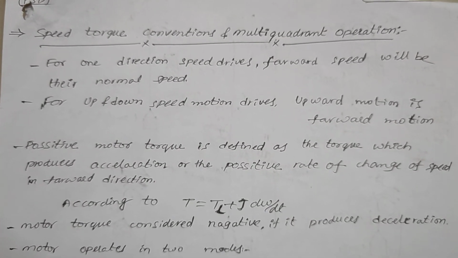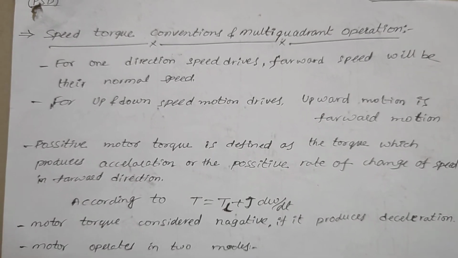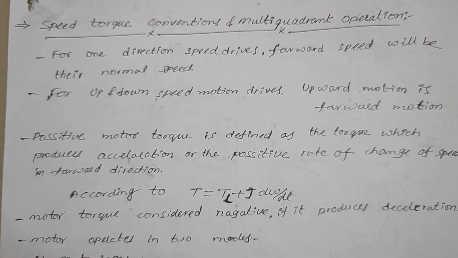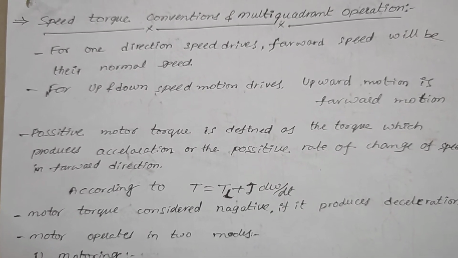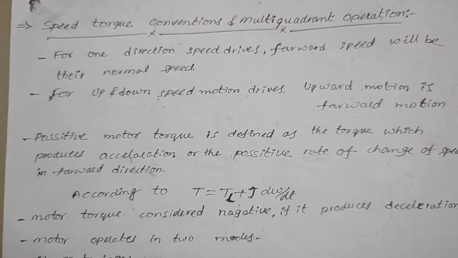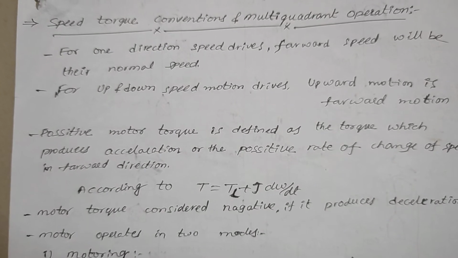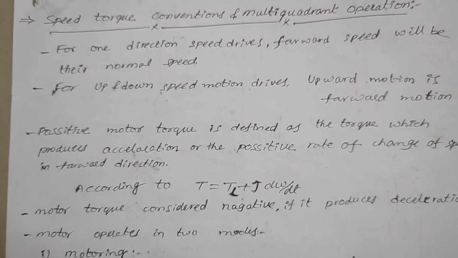If the drive is operated in a single quadrant, that is called the forward speed, meaning it is only in the forward speed direction. For one direction speed drives, forward speed will be the normal speed. We'll consider normal speed as forward speed.